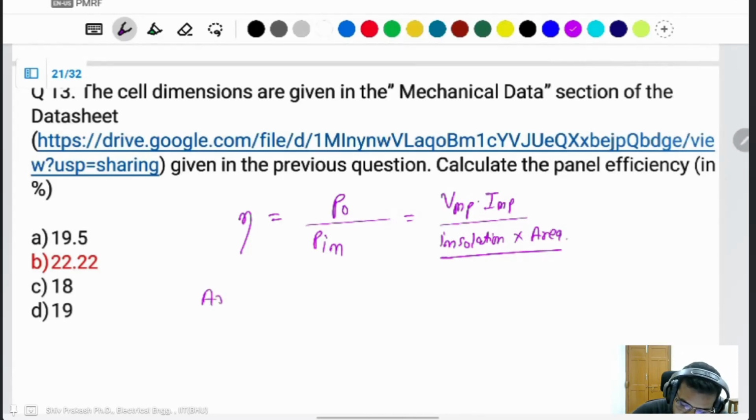How do we calculate the area? It is the cell area times the number of cells.